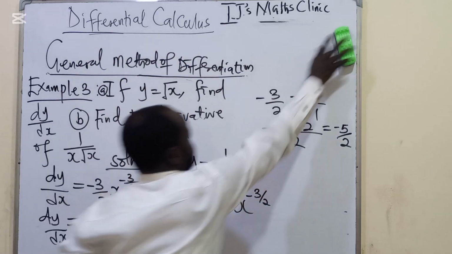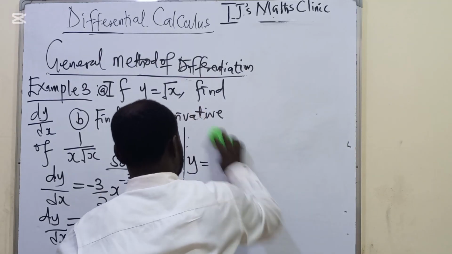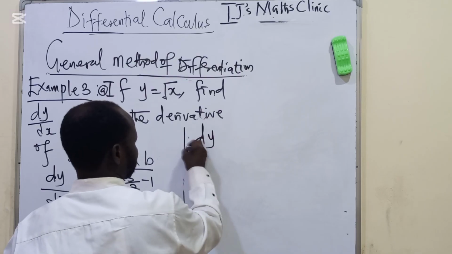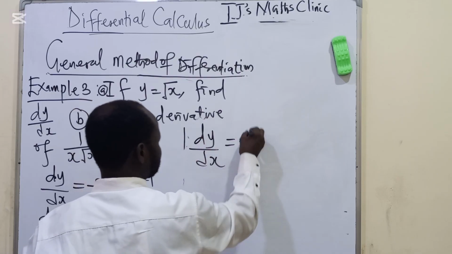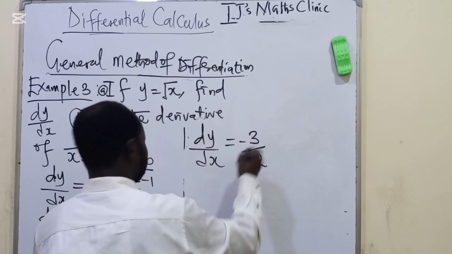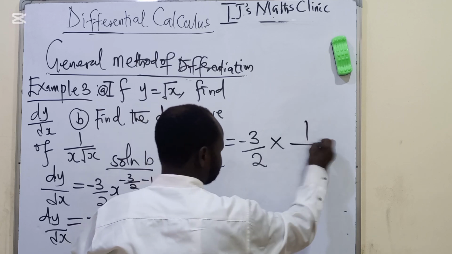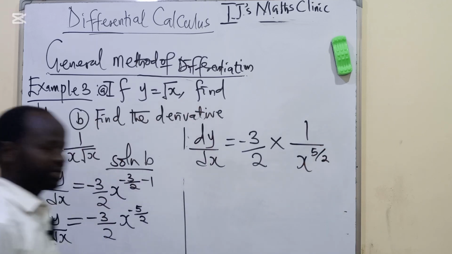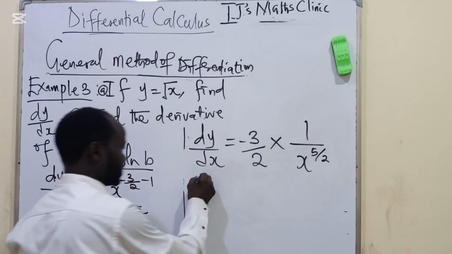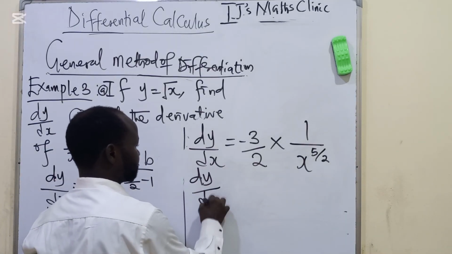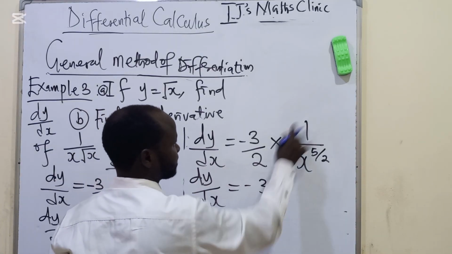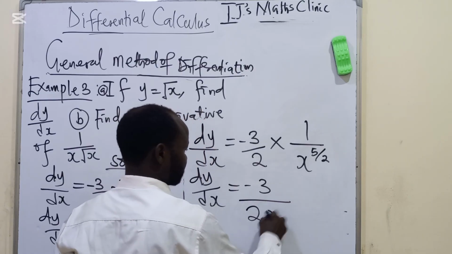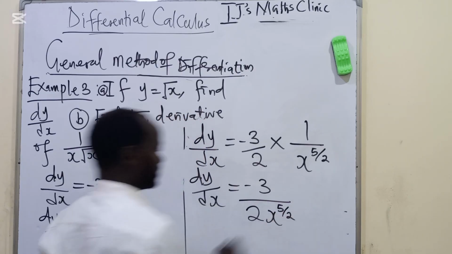We can still simplify this further and write it as change in y with respect to x being minus 3 divided by 2 multiplied by 1 divided by x power 5 divided by 2, using the negative law of indices, such that change in y with respect to x will be minus 3 divided by 2 times x power 5 divided by 2.